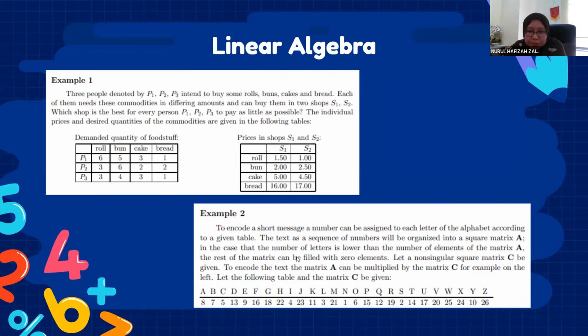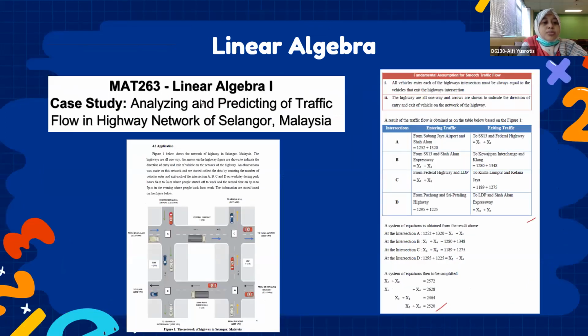For example 2, it is in cryptography, how to decode. It's actually from algebra. They did the research, and this is for diploma students. But they do not do just a simple one like this.